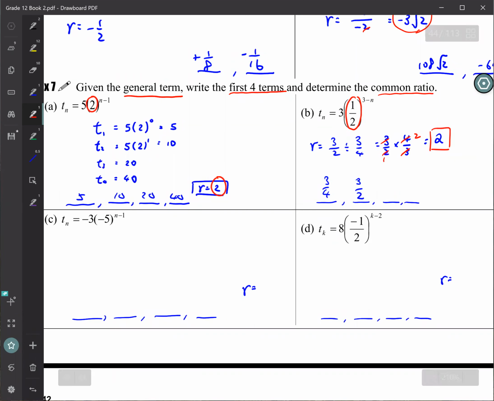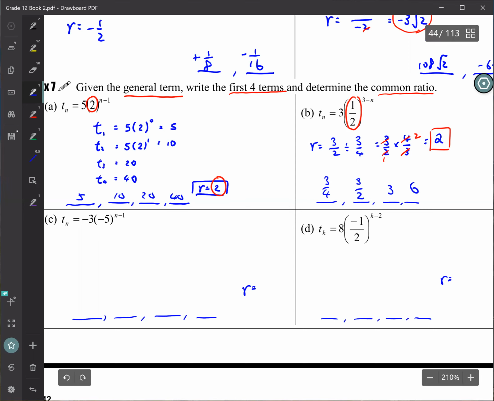Tell me the next 2 terms. 3 and 6. Very good.